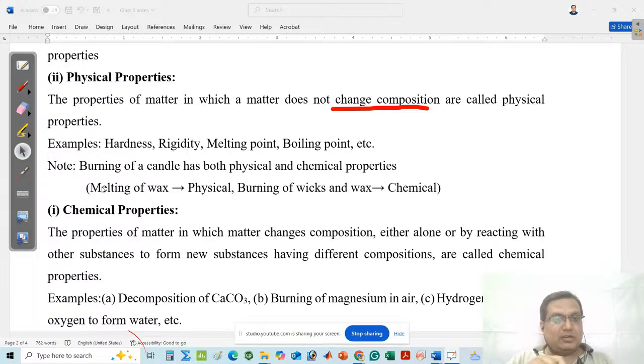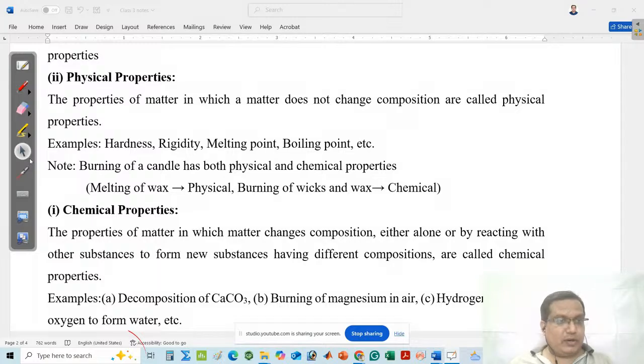But if you think about burning of wicks and wax, some wax also burns simultaneously. Some portion of the candle will burn, and some portion, that is your wax, will melt. The melting of wax belongs to physical property, but burning of wicks and wax belongs to chemical property.